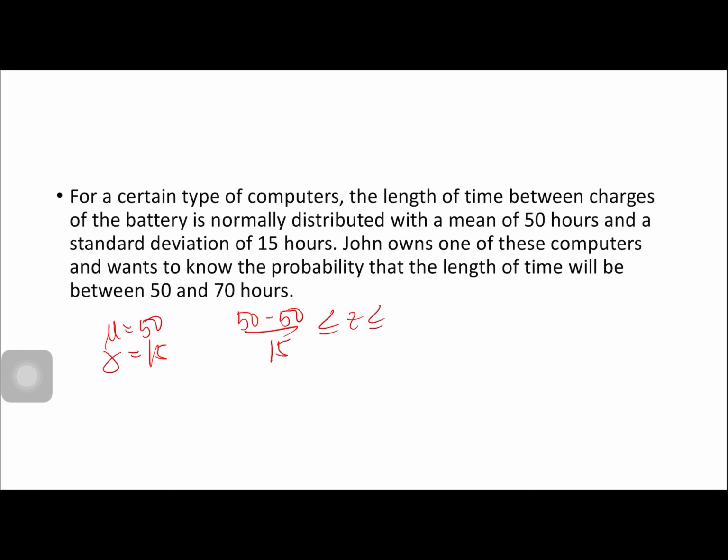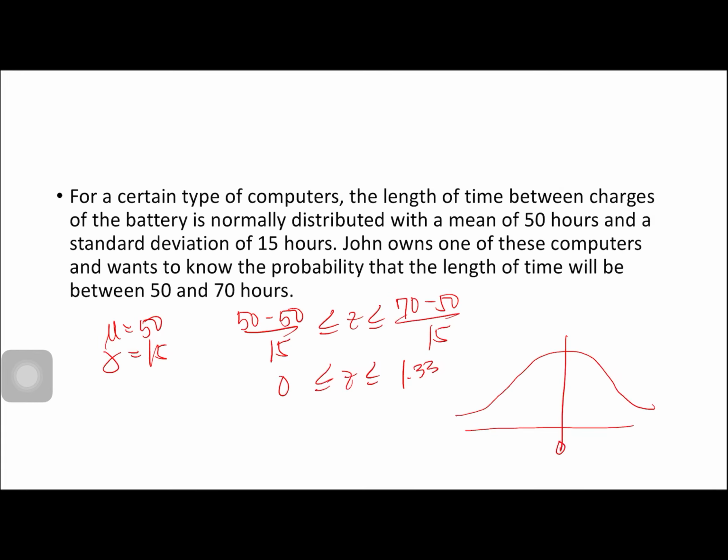So we have here 50 minus 50 over 15 is less than or equal to z is less than or equal to 70 minus 50 divided by 15. So this is 0 is less than or equal to z is less than or equal to 1.33. Okay?